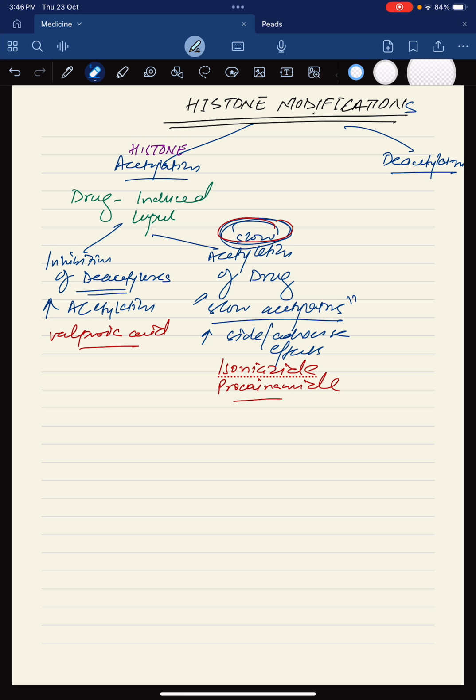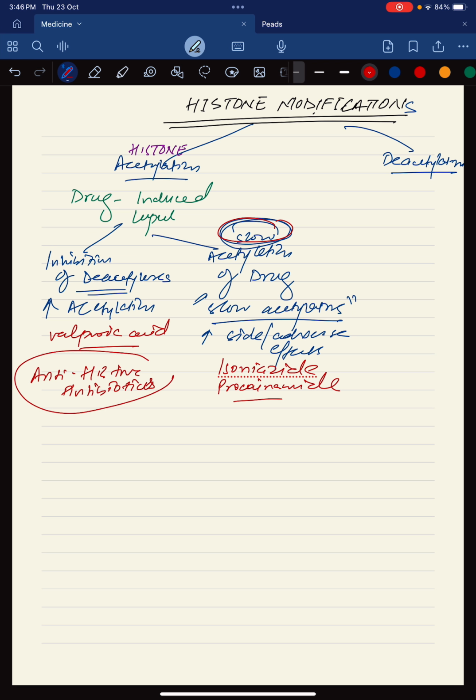In drug-induced lupus, it's not related to SLE itself, because there are anti-double-helix DNA antibodies in SLE itself. In this we have anti-histone antibodies. That's why it's important to alter with deacetylases, inhibition of deacetylases, and or slow acetylation of the drug, whatever the complicated mechanism.